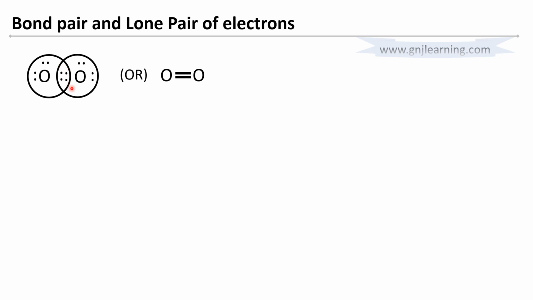This oxygen now has 2, 4, 6, 8 electrons, and the other oxygen atom also has 2, 4, 6, 8 electrons. So by sharing the electrons, oxygen completes its octet and forms a double bond, and in that way oxygen attains its stability.